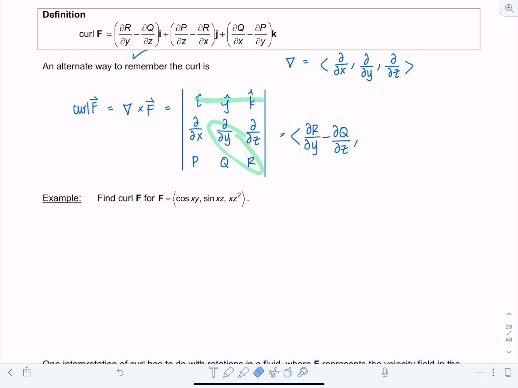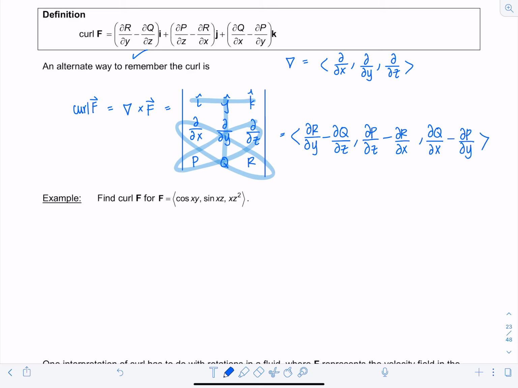And then you can verify that the rest follows suit. So for the next component, you would have ∂P/∂z minus ∂R/∂x. Yep, looks good. And then the last component will be ∂Q/∂x minus ∂P/∂y.